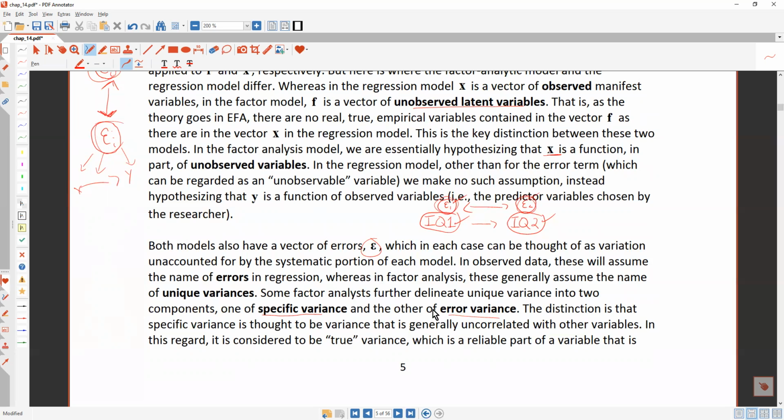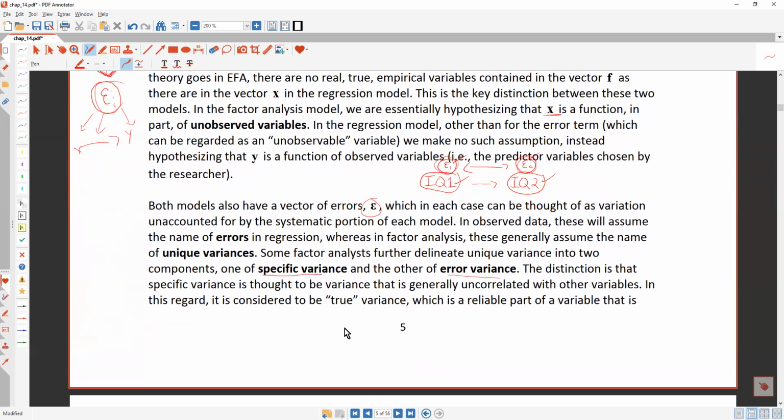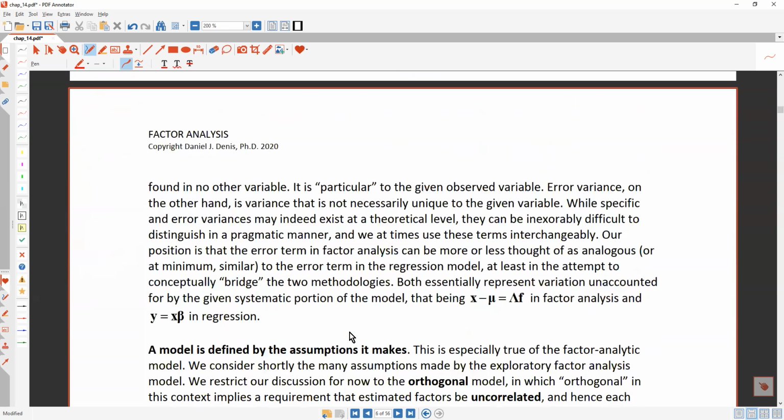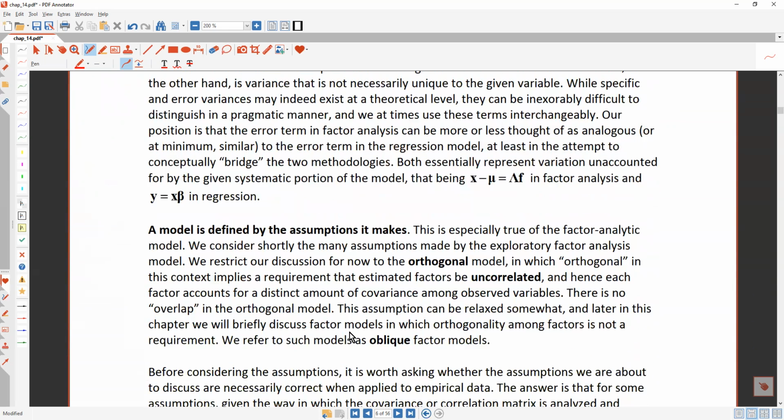The structural equation modelers unpack the error term a lot more and sometimes call it unique variance and specific variance. We're not going to do that. We're just going to call it the error term and appreciate that it's made up of a whole bunch of different things, including measurement error and random shocks.